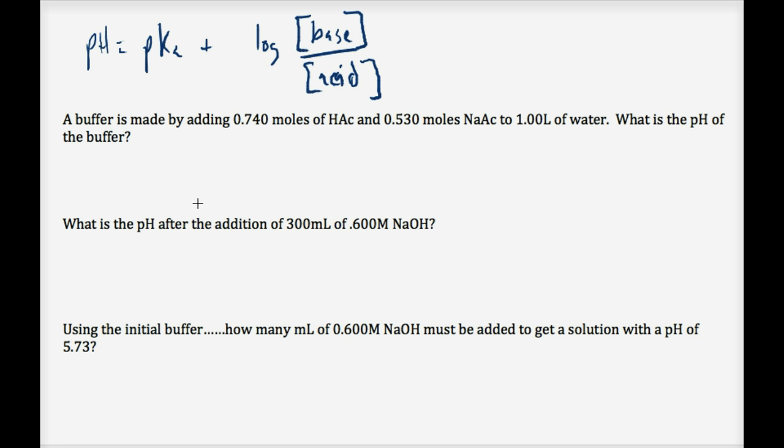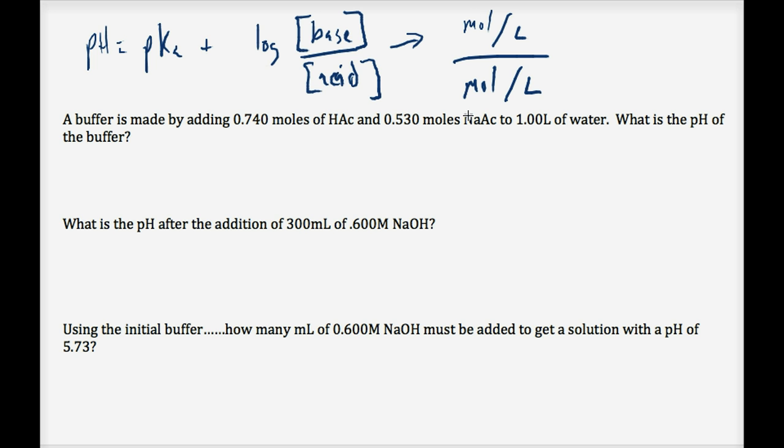Okay. Well, I guess this is what I'm going to start off saying right now. These brackets mean molarity, which is moles over liter. Right? If I was going to simplify this, it'd be like that.